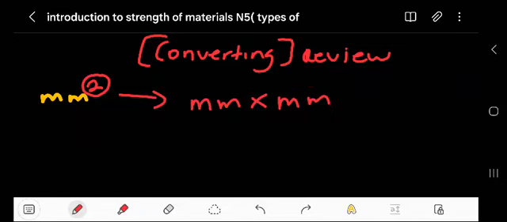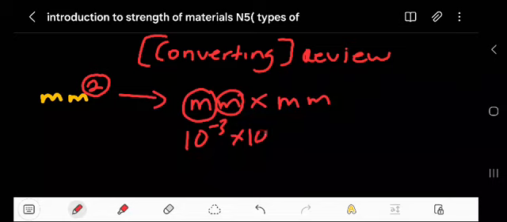However, we can convert this in many ways. Let's say now single m, only m, meter is 10 to the minus 3. Also this is times 10 to the minus of 3. It's up to you that we want this to be in meter, not meter squared. We want this to be in meter, right? Or you can convert to be in meter squared.